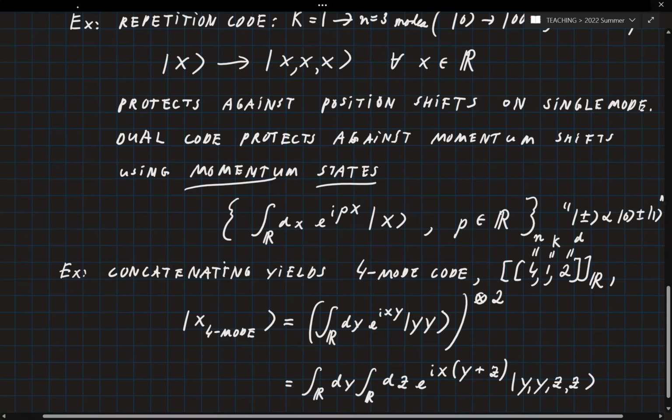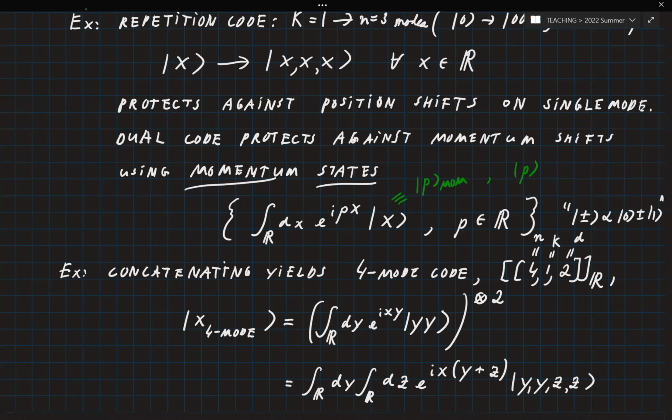I'm only dealing with one basis the whole lecture. But since you asked, let's define this to be the momentum basis, and the phase flip repetition code encodes a logical real-valued degree of freedom into this momentum basis.